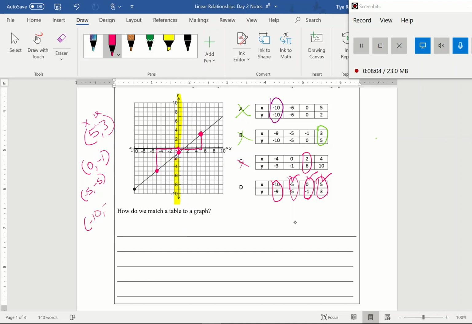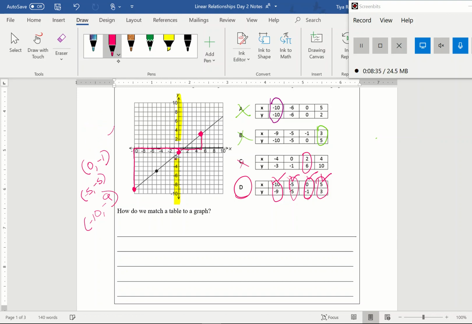Negative 10, negative 9. Starting at 0 again, I'm going to go negative 10, and then negative 9, so I'm going down 9. Is that spot on our line? Yes.